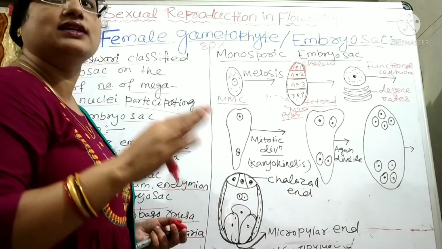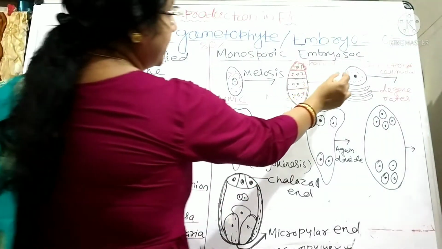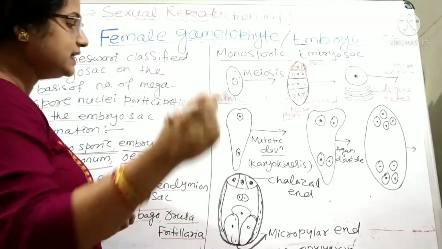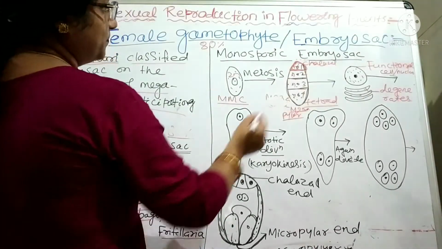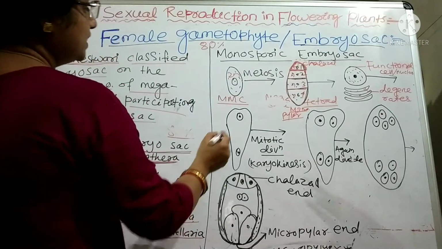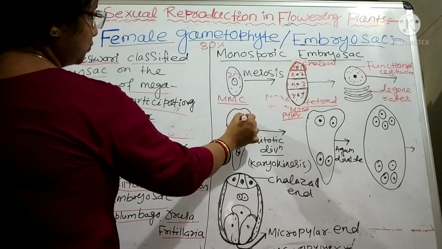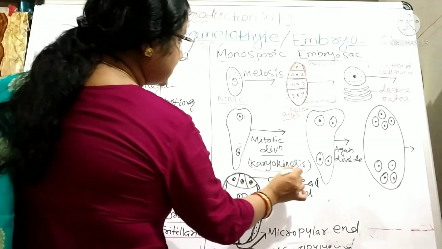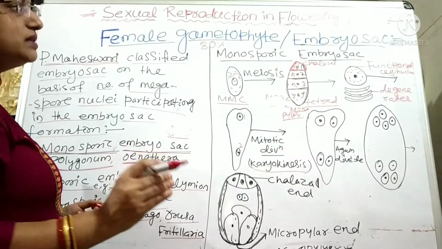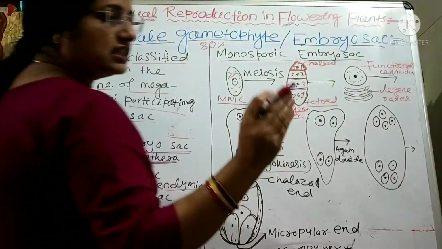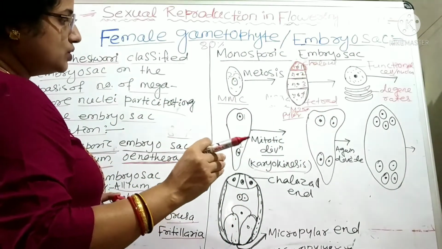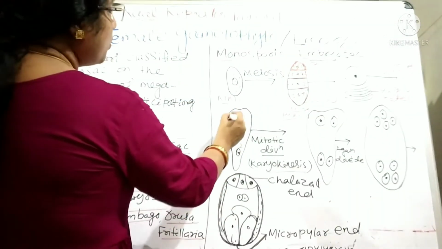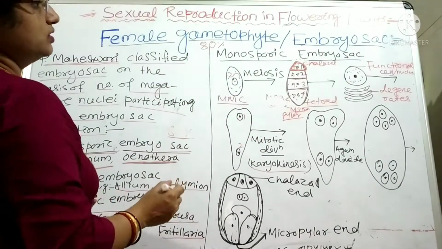When the functional cell undergoes mitotic division, the nucleus divides to form 2 nuclei. Only karyokinesis occurs, meaning only the nucleus divides, but no cytokinesis occurs.